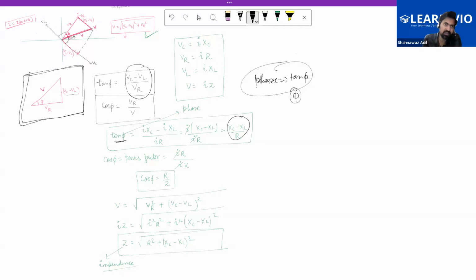You just have to remember that in a resistive circuit, current is in the same phase as voltage; in an inductive circuit, voltage is leading; in a capacitive circuit, voltage is lagging. This is the only thing that you have to do, and then we can derive all these things. Whenever you have noted, please tell.